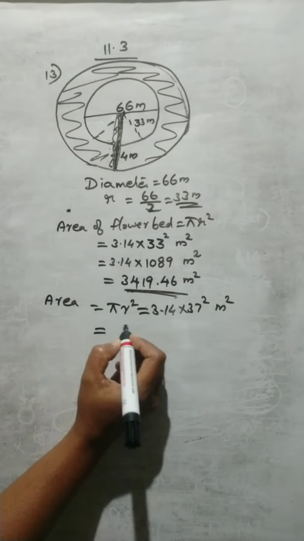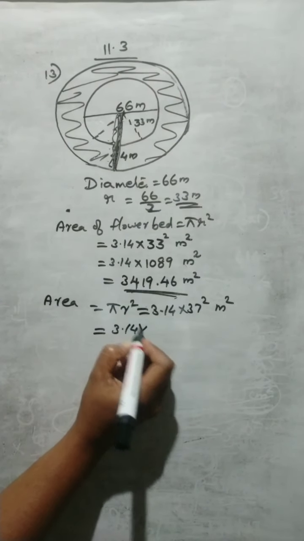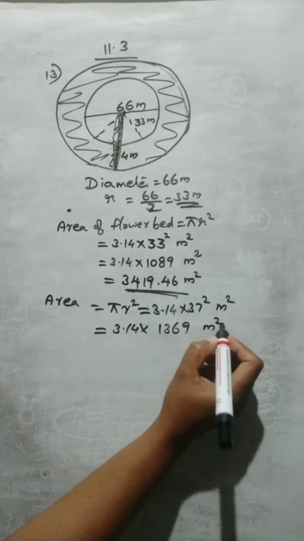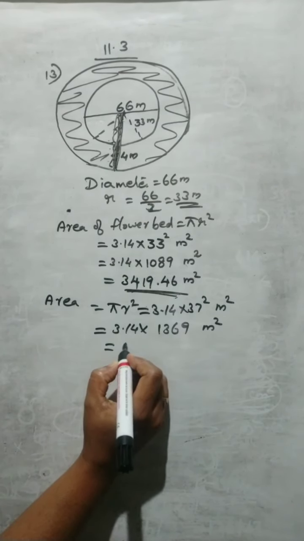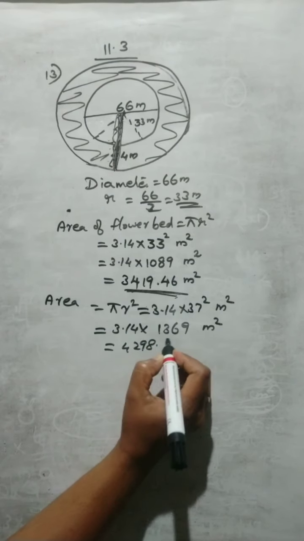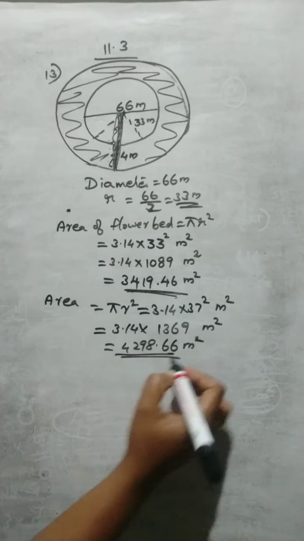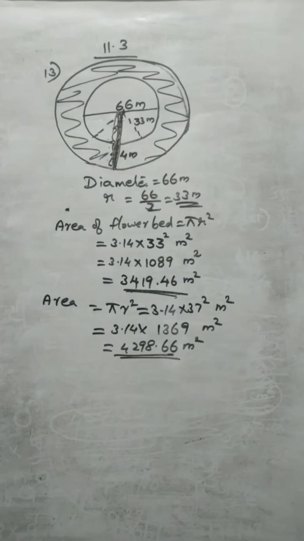Which is equal to 3.14 multiplied by 1369 meter square, which is equal to 4298.66 meter square. So that is the area of this part.